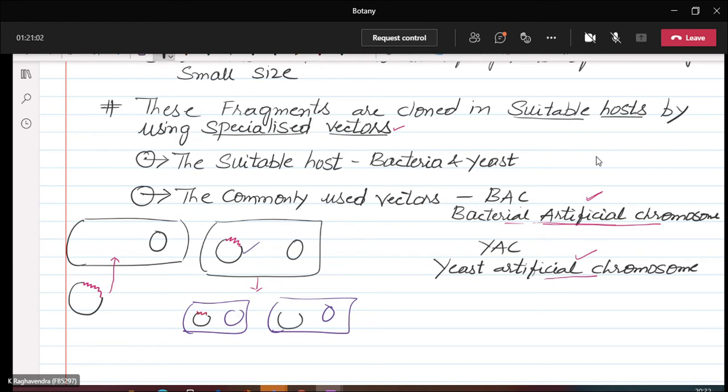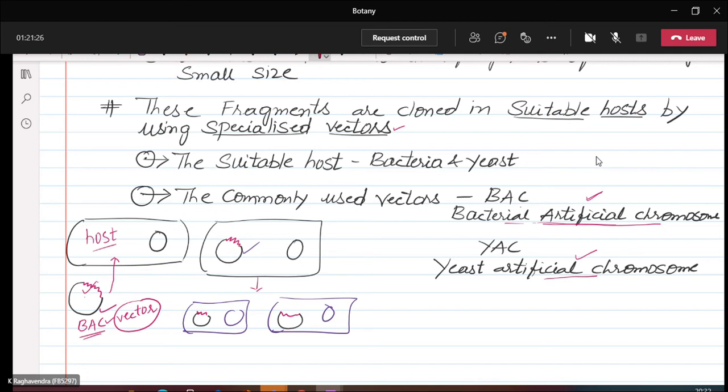So I'm not confusing you. Now this I am calling a bacterial artificial chromosome. This bacterial artificial chromosome is used as a vector, meaning it is carrying my desired gene and taking the desired gene into the bacteria. So this bacterium is called the host. Similarly, I do it with yeast also.